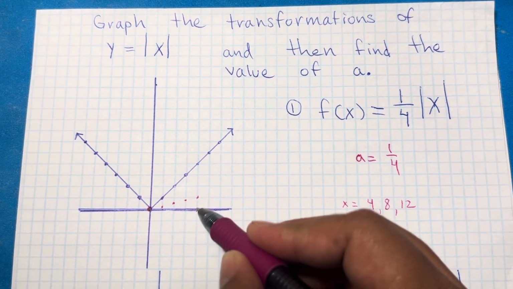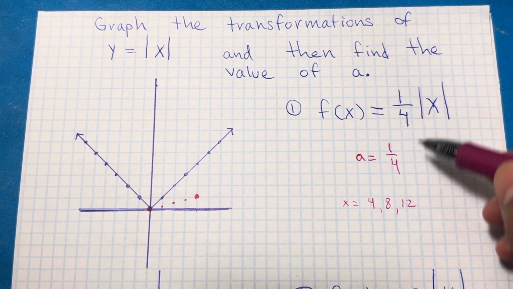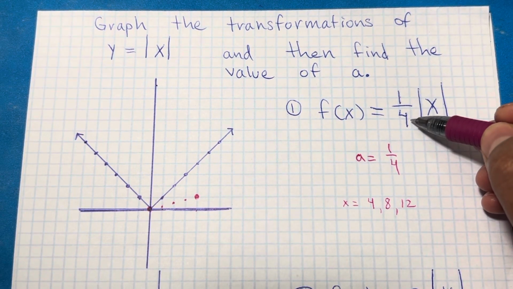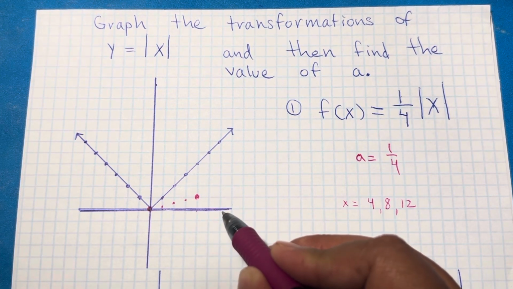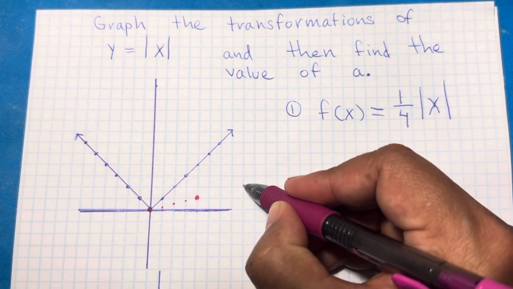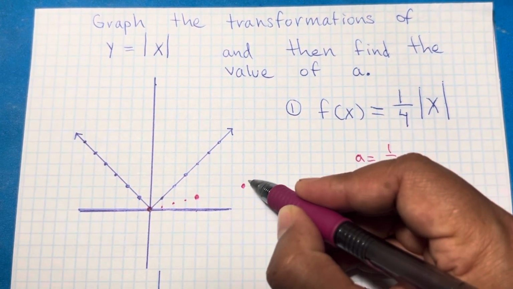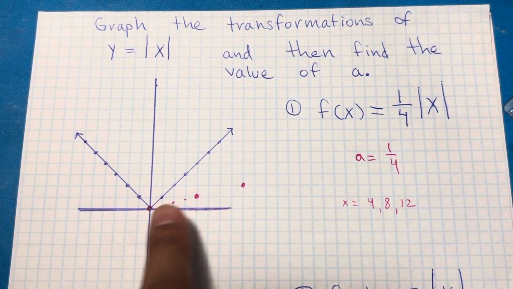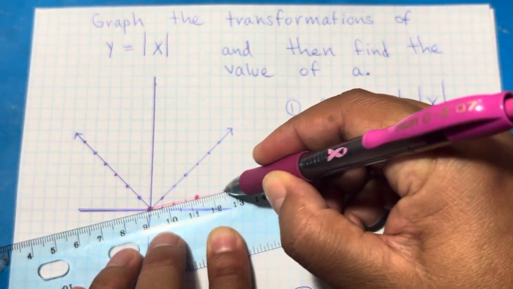So when x is 4, y will be 1. For the next one, 8 times 1 is 8, divided by 4 is 2. So at 8, it's going to be 2 for y. So we're going to have only the points (0, 0), (4, 1), and (8, 2), but those are enough instead of having to deal with fractions. And that's one side of the graph.